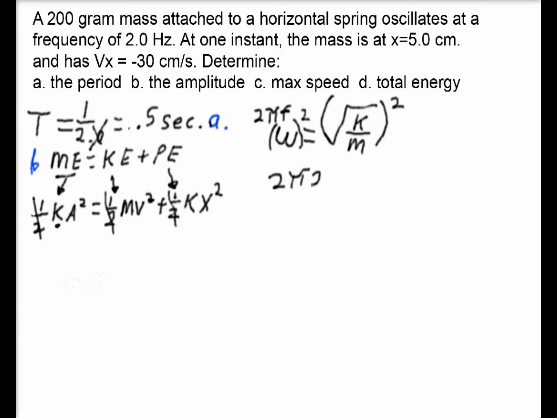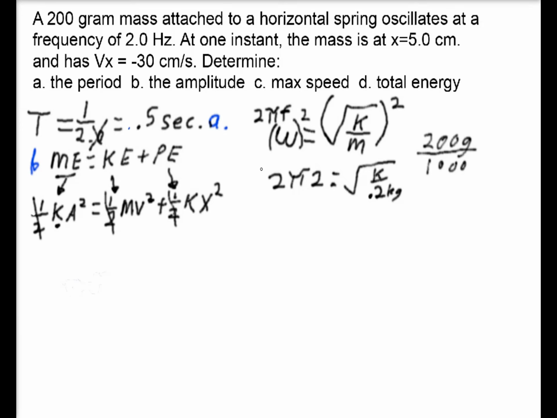The frequency is 2, and the mass is 0.2 kilograms, since 200 grams divided by 1,000 gives kilograms. Let's square both sides to get rid of the square root symbol.